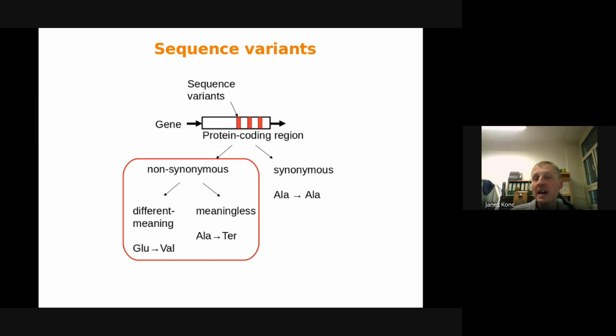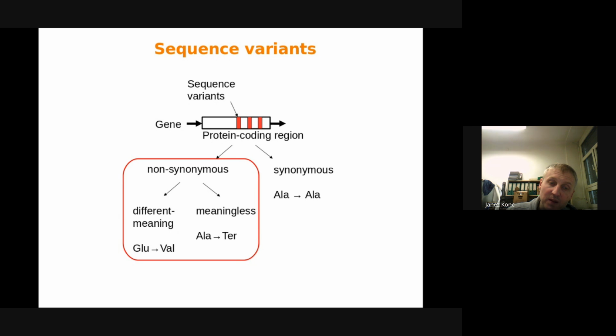Sequence variants are mutations that happen on genes, and they can be classified as rare or frequent within a population, or somewhere in between. They can be synonymous, which are not interesting because they don't change the amino acid residues, and they can be non-synonymous if they happen in protein coding regions.